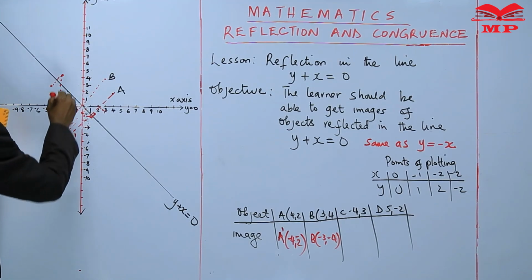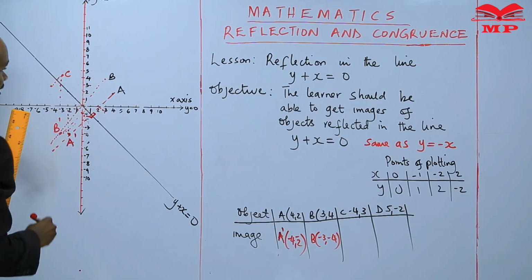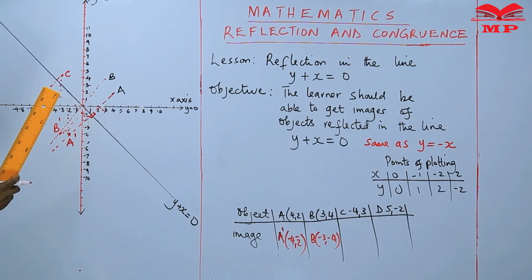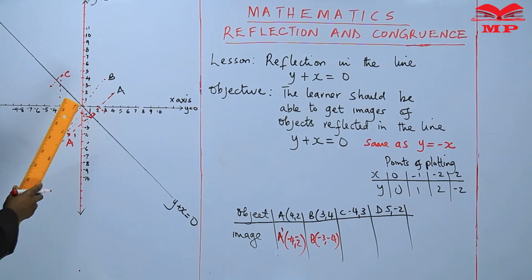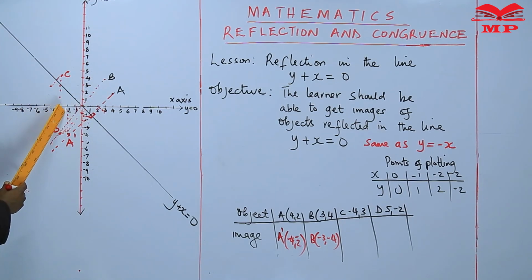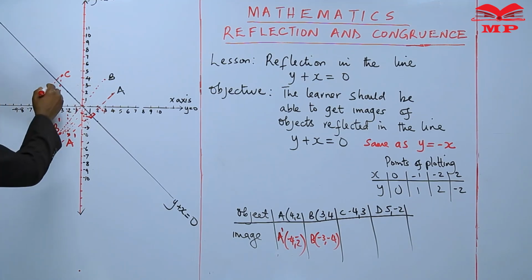C. Let's see what happens. -4, 3. We get -3, 4. We had -4, 3.